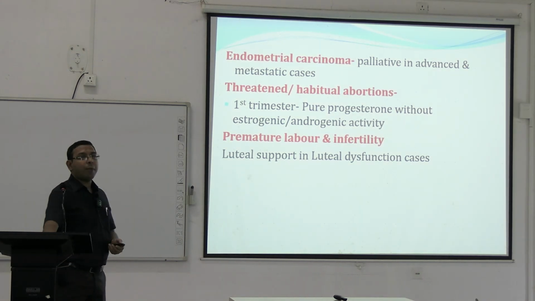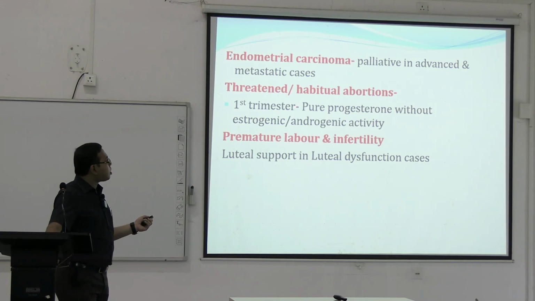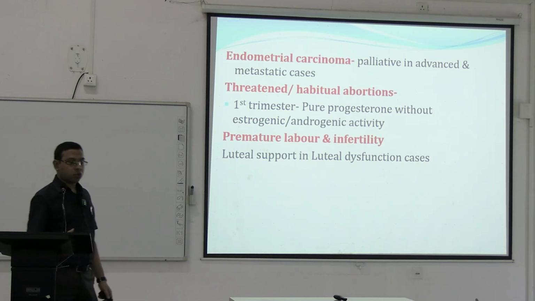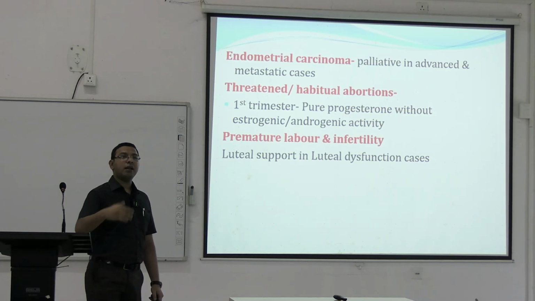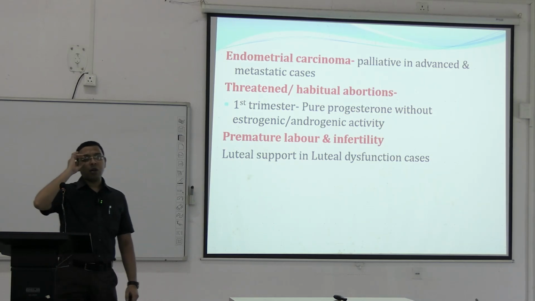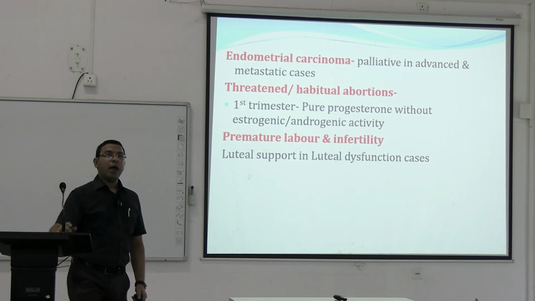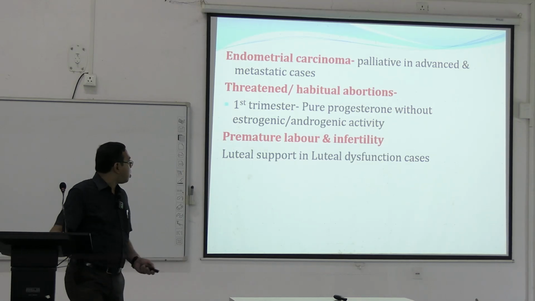Threatened or habitual abortions: in the first trimester, pure progesterone without estrogenic or androgenic activity can be given. If there is a history of multiple abortions, the patient becomes pregnant and then there is abortion. There may be some pathology behind it, and it is to be corrected with progesterone.